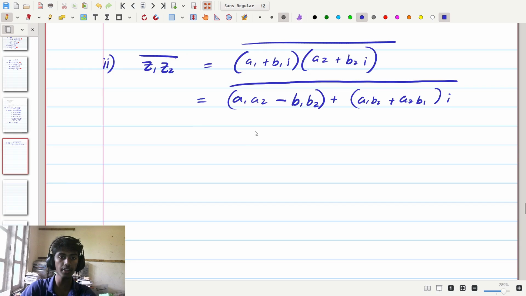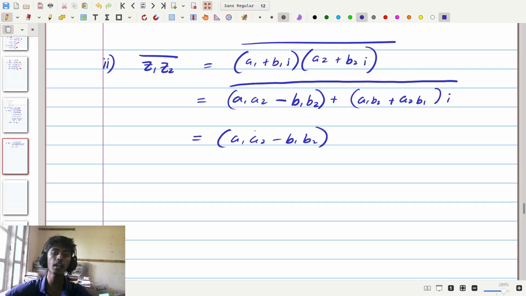Now we can see once again we have a real part here and an imaginary part here, and when you conjugate a number, the real part remains as it is, so we still have A1 A2 minus B1 B2, but now for the imaginary part we have minus A1 B2 plus A2 B1 i.